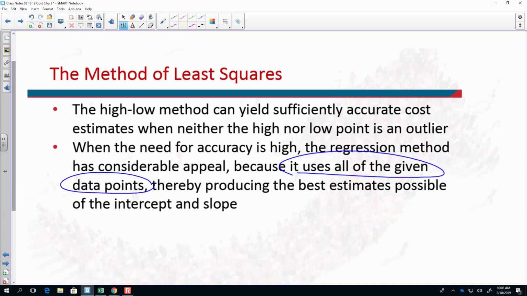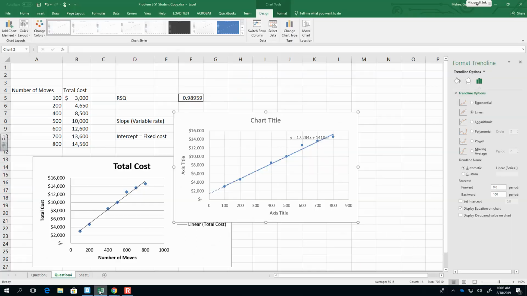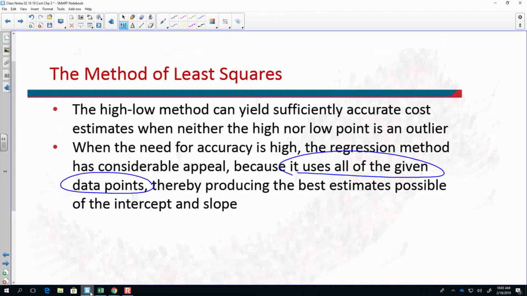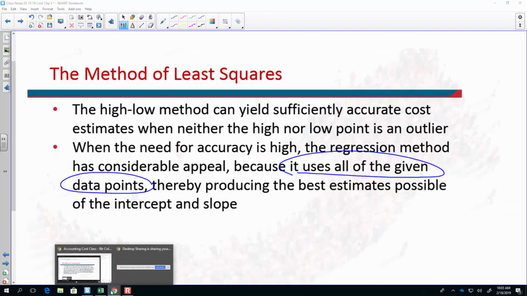The key is it uses all points. Remember our Excel program? We're using all data points, not just the one. So that's the biggest advantage for that.